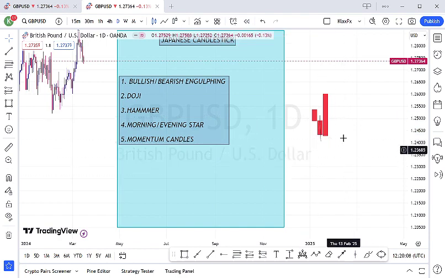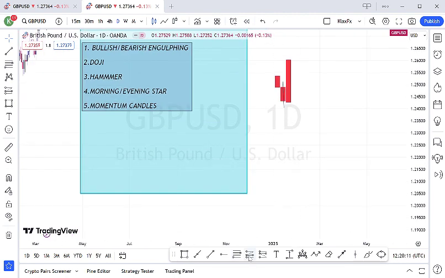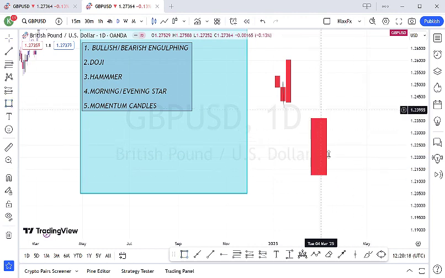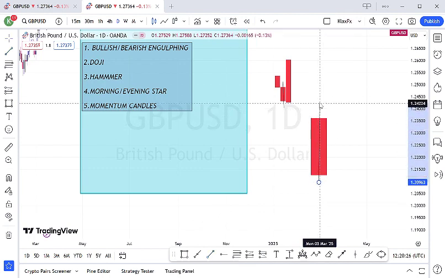Before we continue, let me explain what a single candlestick means. Every candle is represented like this, where you have the body and the wick. I'm going to label it now.